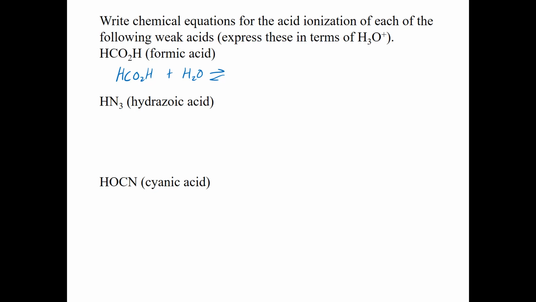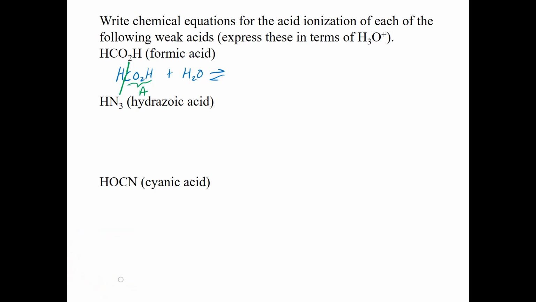Like I said, I tend to write HA or A minus first. So basically A comes from, if I were to divide this, there's my hydrogen. This is the H that goes over here, and this is all A from that previous slide.